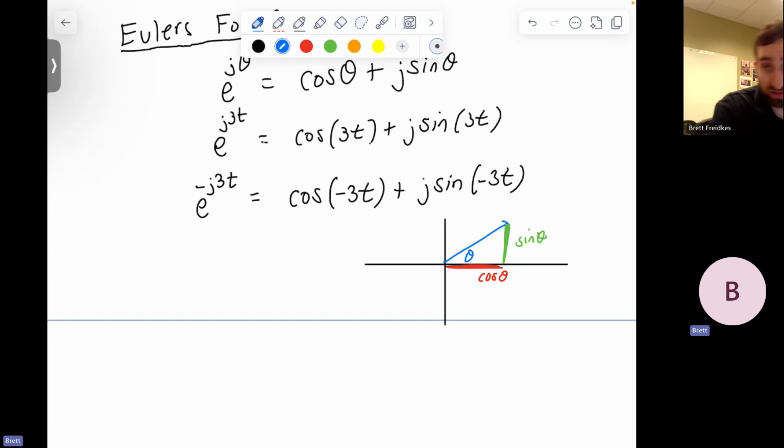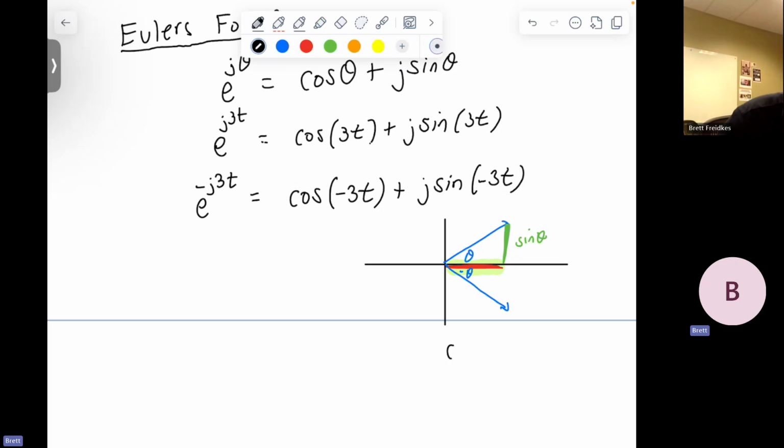Now imagine that I draw the same exact vector but with a negative angle. So now I have negative theta in there. Do we see that the projection of the cosine of that vector is exactly the same as the cosine of the positive angle?